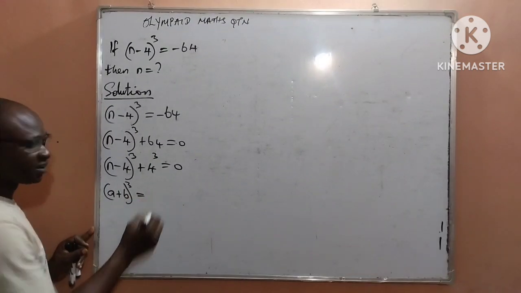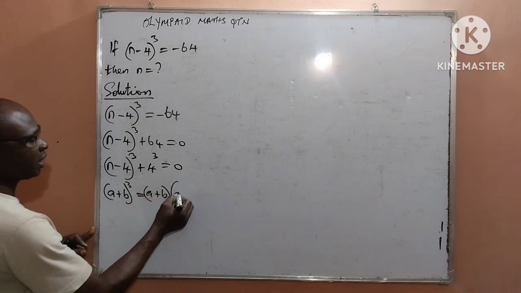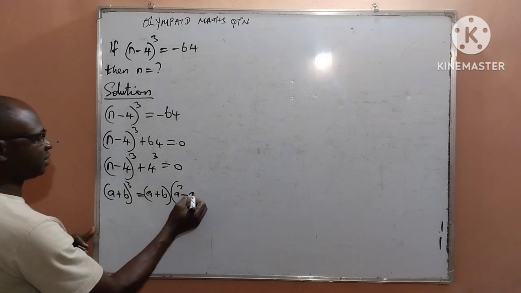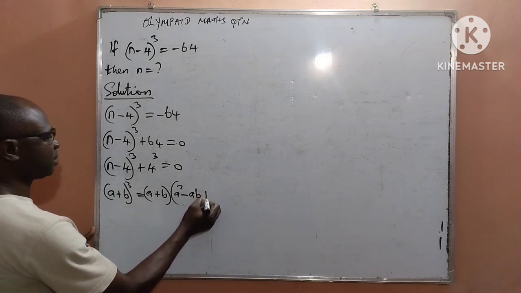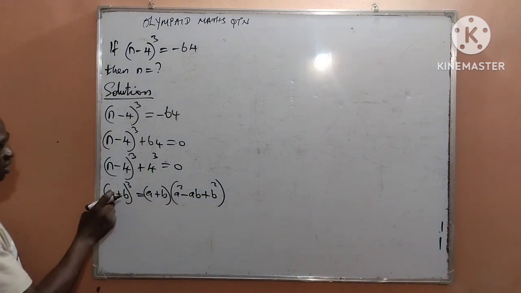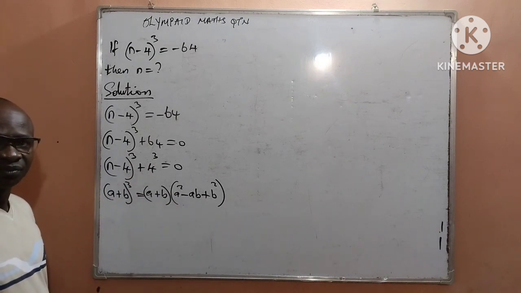This can be written as a plus b into a squared minus ab, then plus b squared. Now, this is how the sum of two cubes can be expressed.